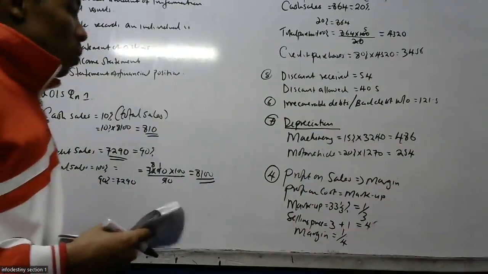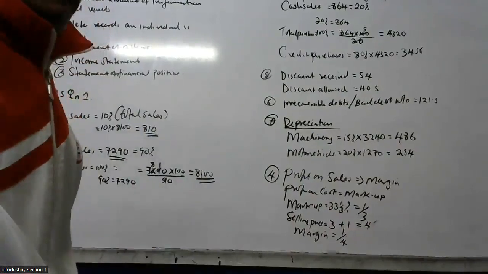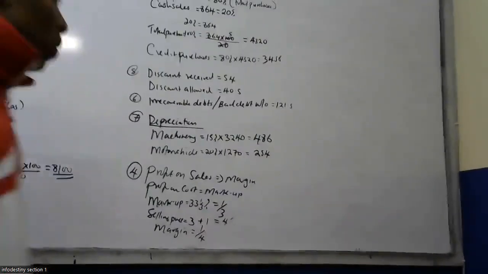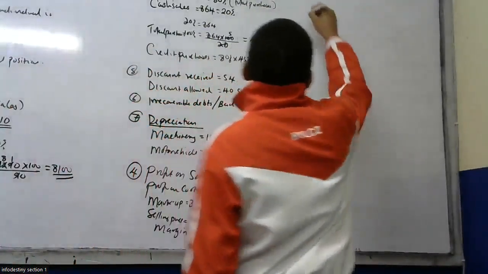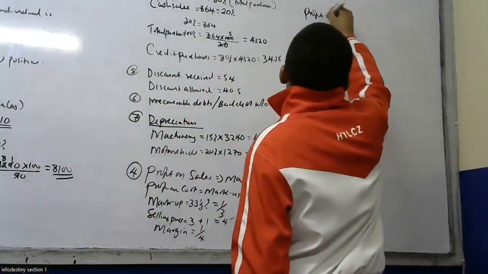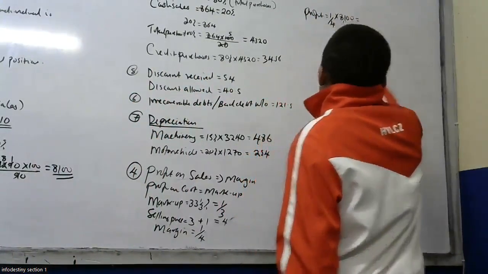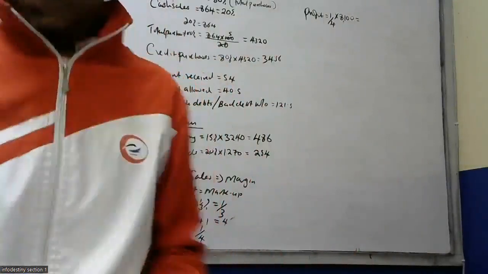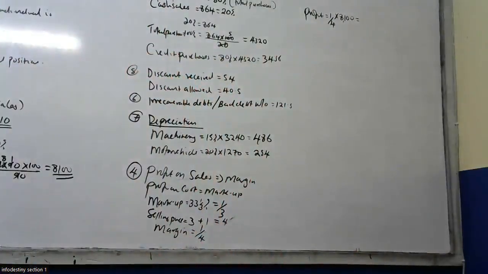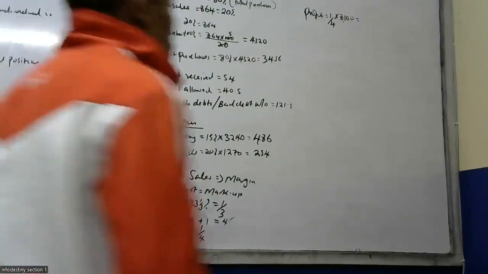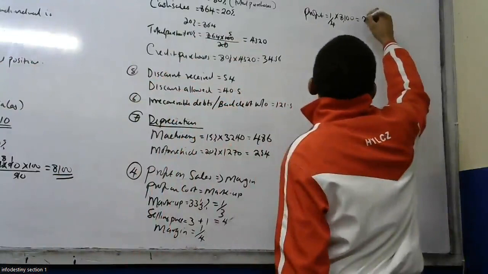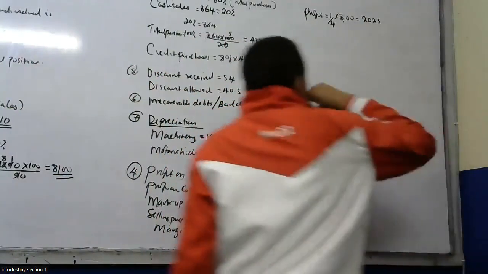So we'll determine how much the profit was by getting 1/4 of the sales. The profit will be 1/4 of the sales, 100, which is 2025.